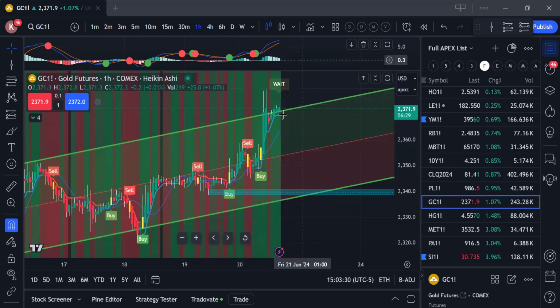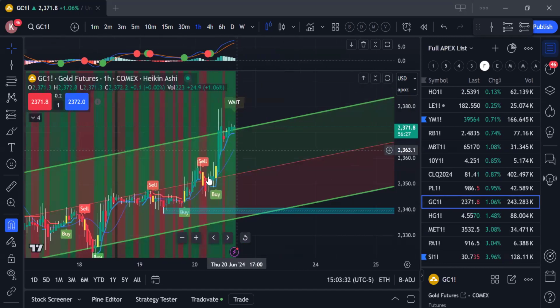Price will never keep going up, because it made such a huge move today. Tomorrow we may see a drop. Once it breaks the channel, once we see a sell signal, again we may see a big drop on silver, gold, copper, platinum.